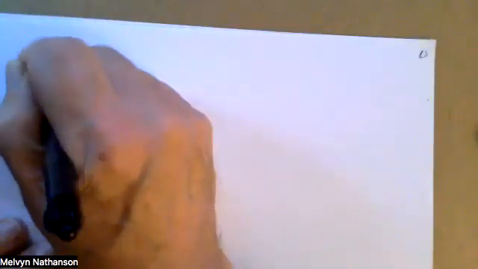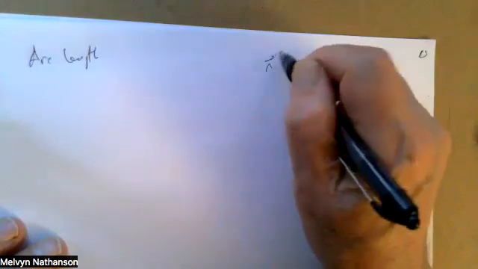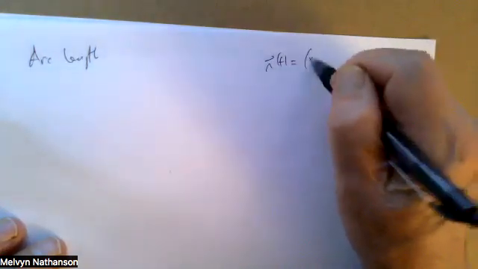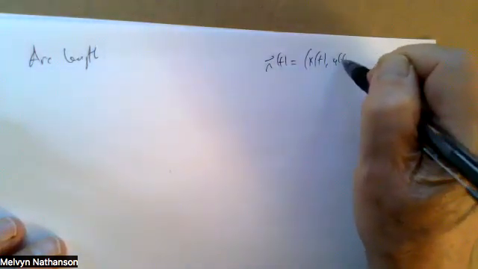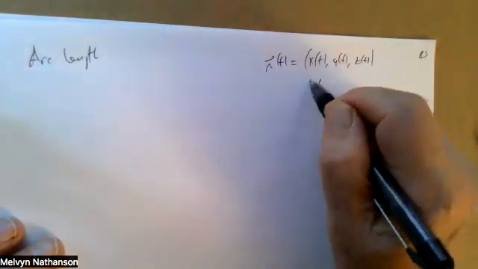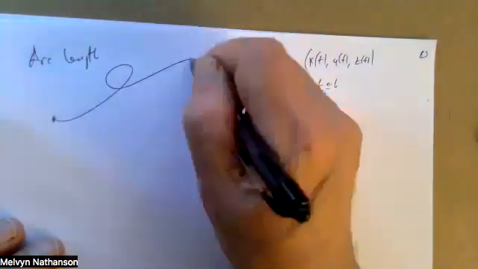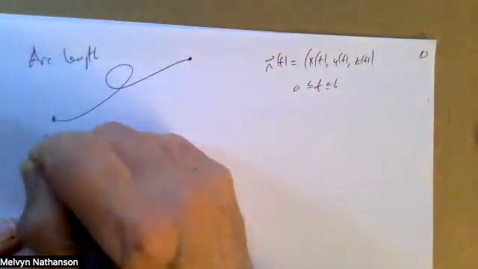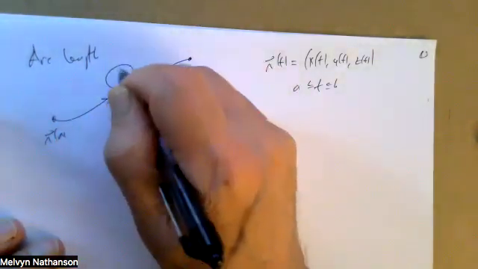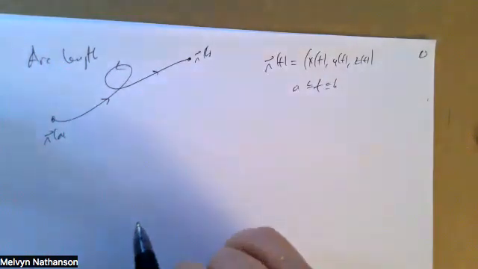So what is the formula for arc length? You have a curve r of t, x of t, y of t, z of t, t going from A to B. So here's r of A. Here's r of B. What is the arc length?